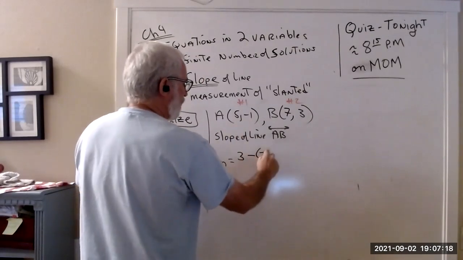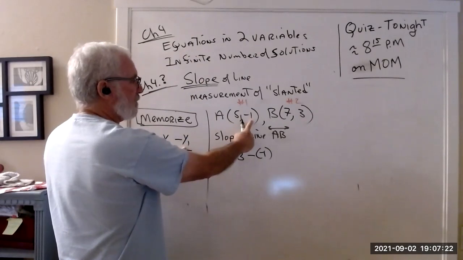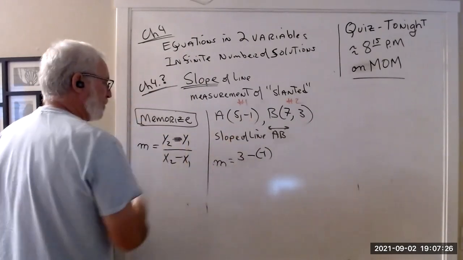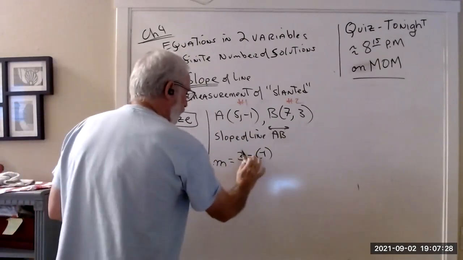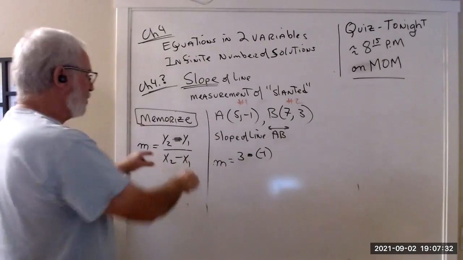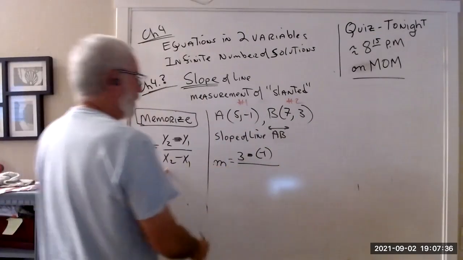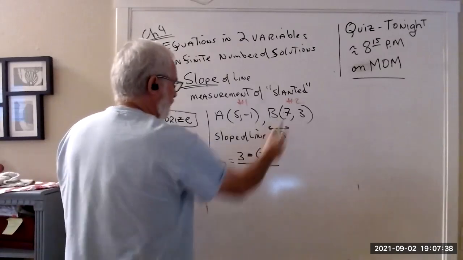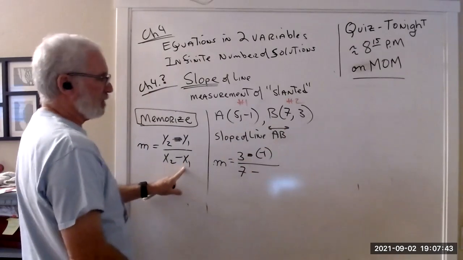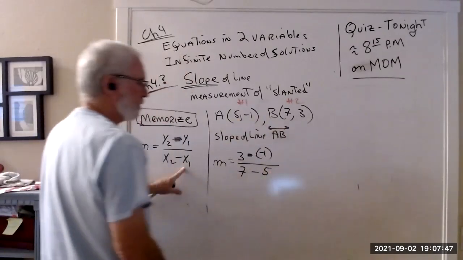That's minus a minus 1. The first y value is a negative 1. The formula has a minus in it. You just got to deal with it. So you pop the numbers in there. Over x sub 2. That means literally the second x value, 7, minus x sub 1. That's the first x value, 5.